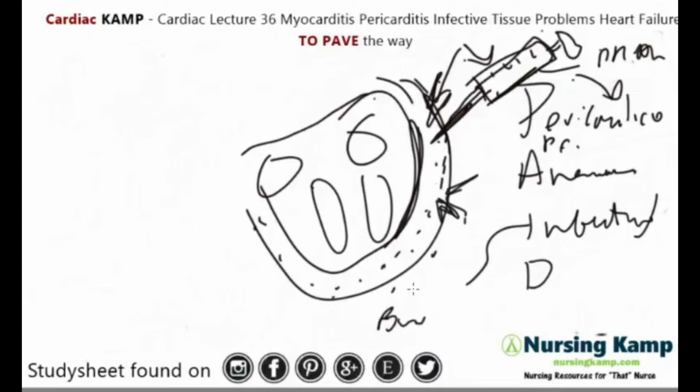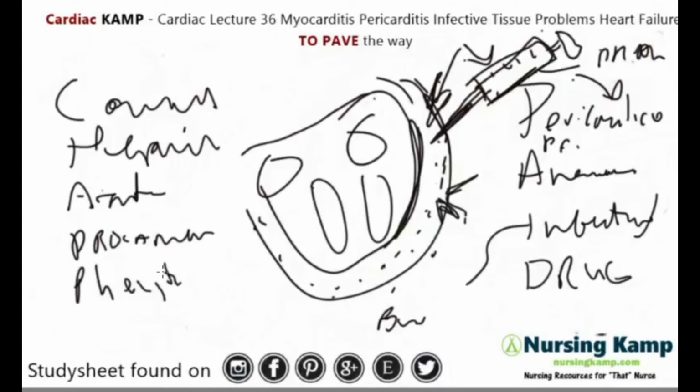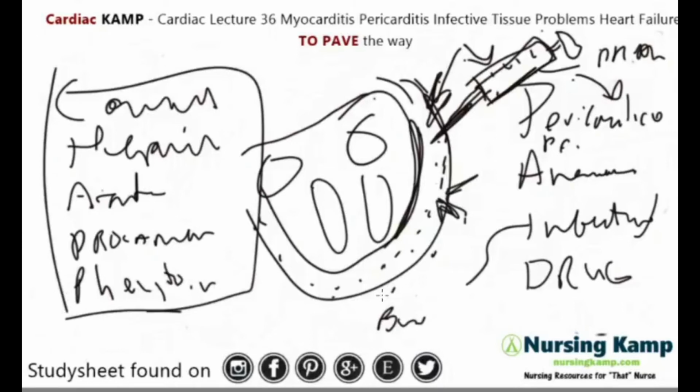And then drugs, certain medications: anticoagulants like Coumadin, heparin, procainamide, and phenytoin, or Dilantin. These are all medications that could cause pericarditis.